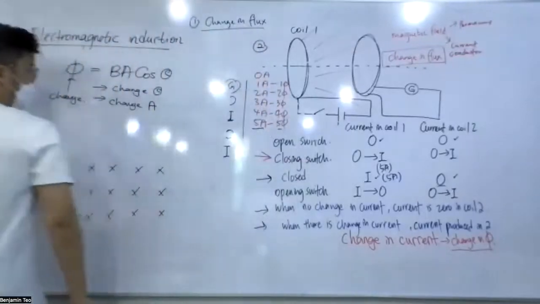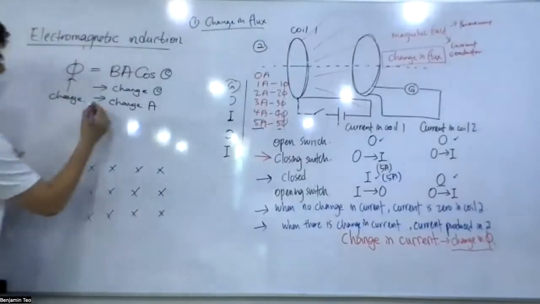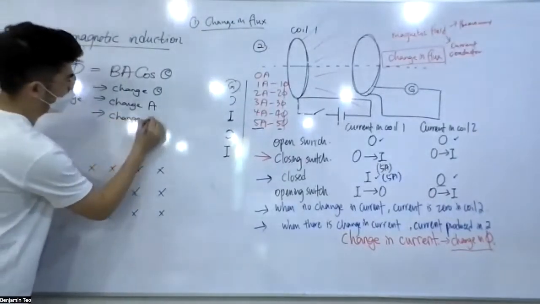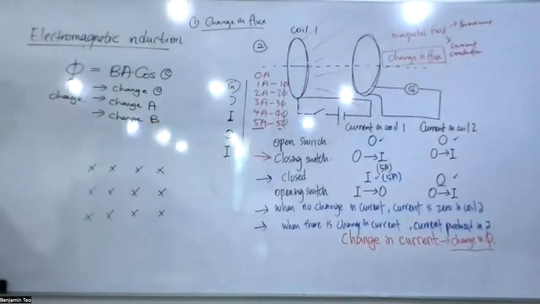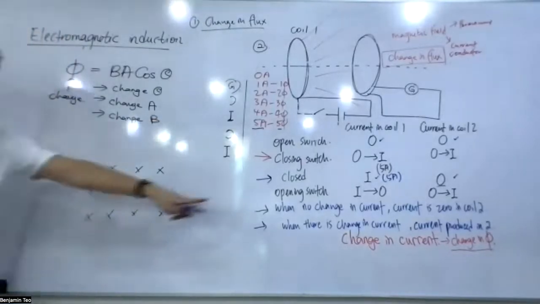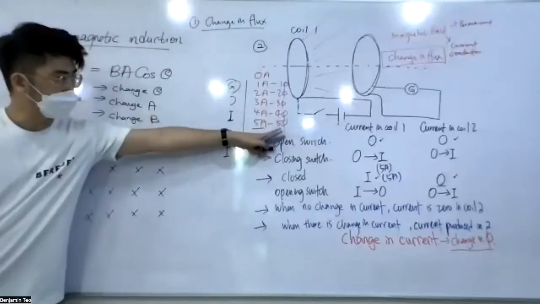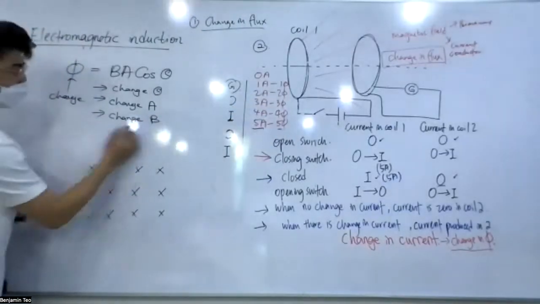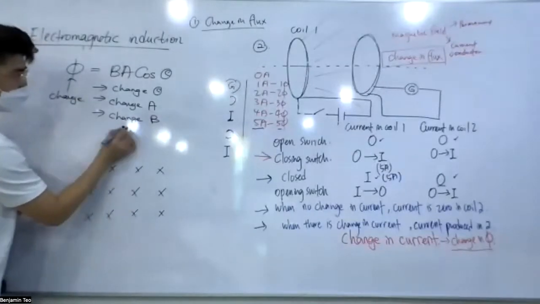Now, number 3. Change in flux density. This is the example we did just now. This is change in flux density. The magnet is also change in flux density. How many ways?